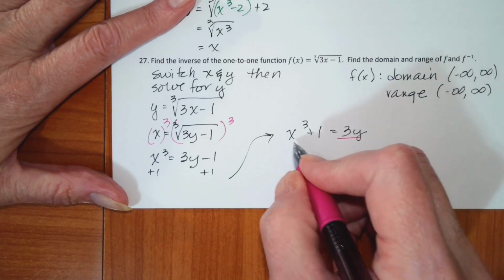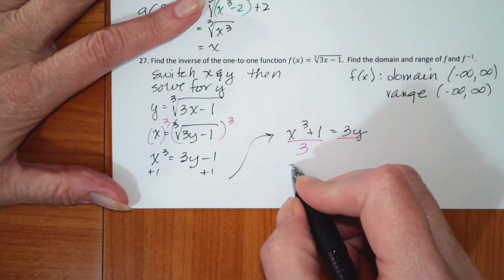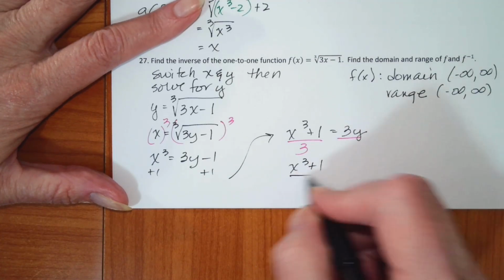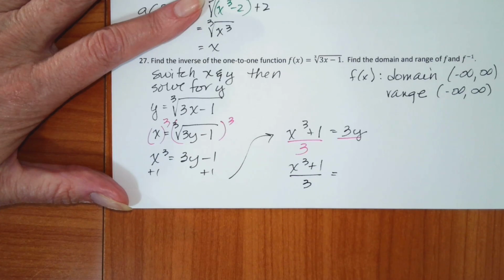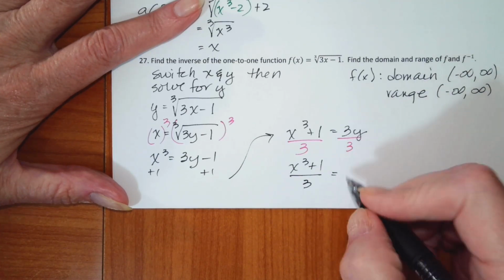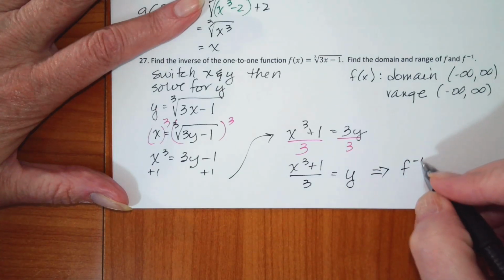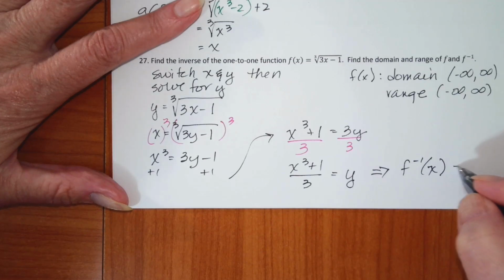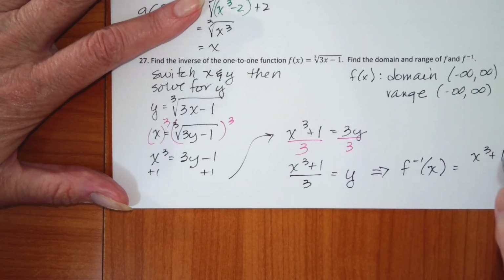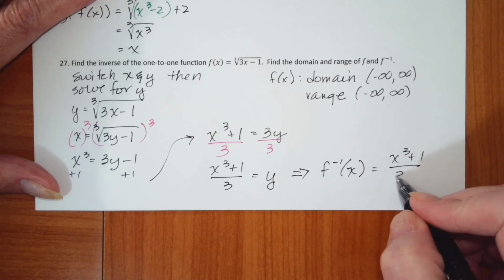And then I'll divide everything by 3, and I get x to the third plus 1 over 3 is equal to y. So that tells me that f inverse of x is x to the third plus 1, divided by 3.